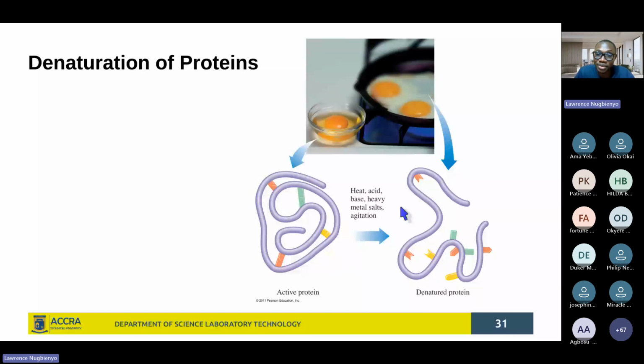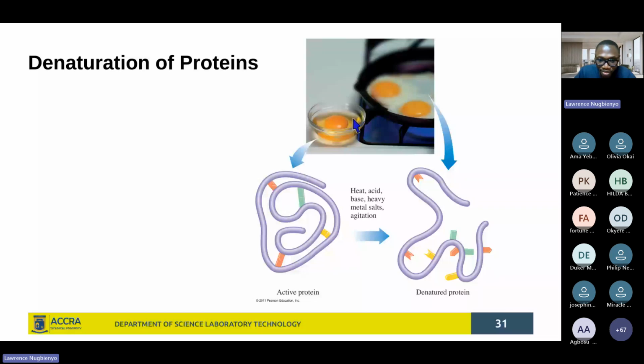So for instance, here we are showing an egg. The egg is having, in it, you have the yolk that's having some protein in it that is holding it in that form. But if you beat it, it's scattered. So you have broken it down. So agitation can break down some of these weak bonds as well.